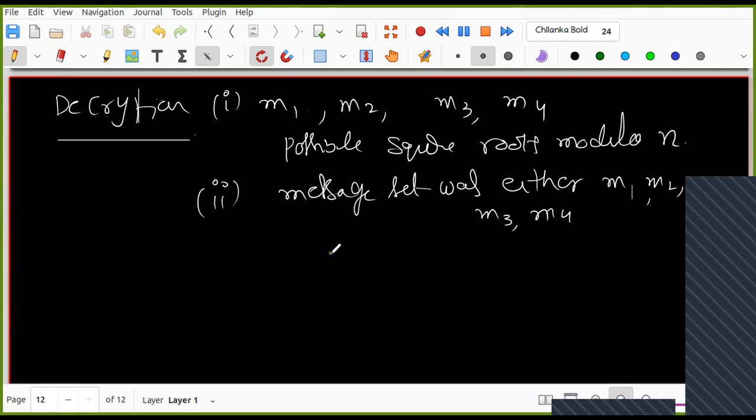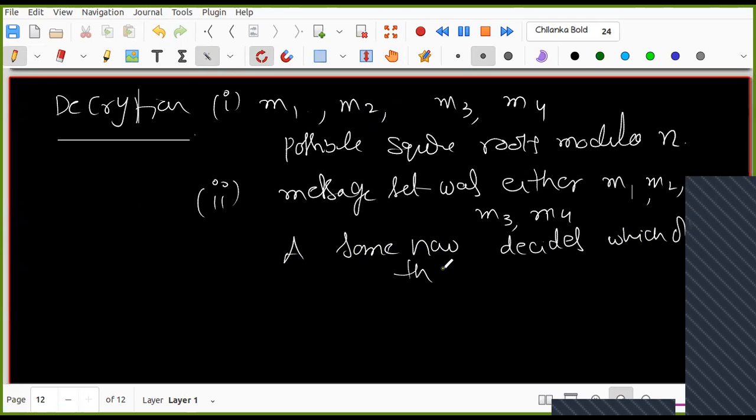A somehow decides which of these is M. Finding M1, M2, M3, M4 depends upon P and Q. But the only problem here is which one of these is the correct one. That is a small problem.